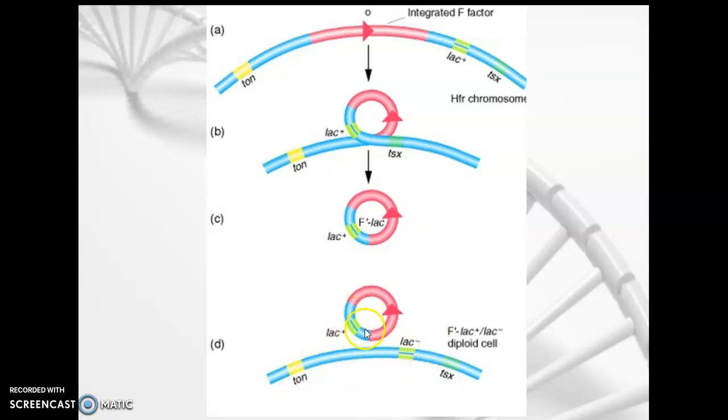Now it contains a lac positive and a lac negative allele, so it is heterozygous. This is a partially diploid cell, a merozygote. Because of this heterozygous condition, it can be used to determine which one is dominant. And as I told you, studies have shown that the lac plus allele is dominant.